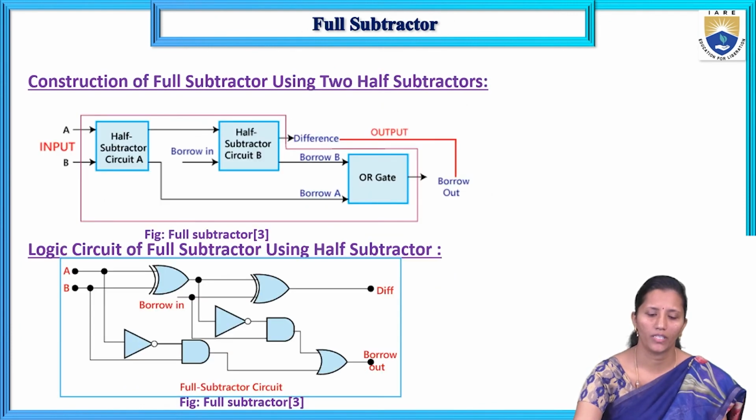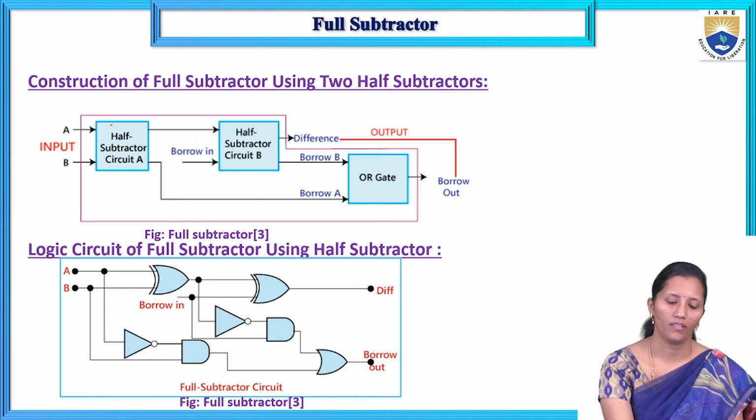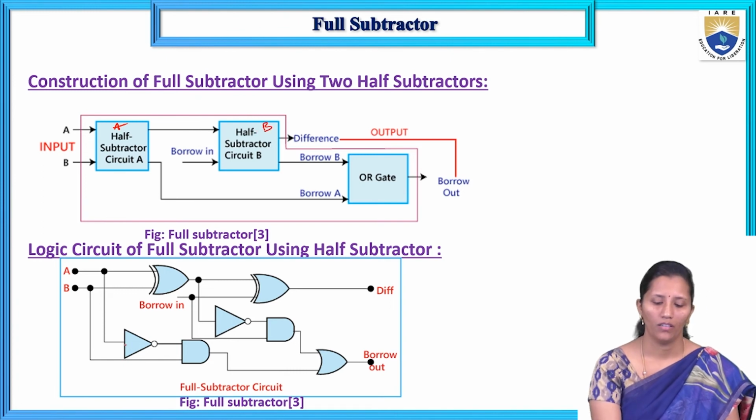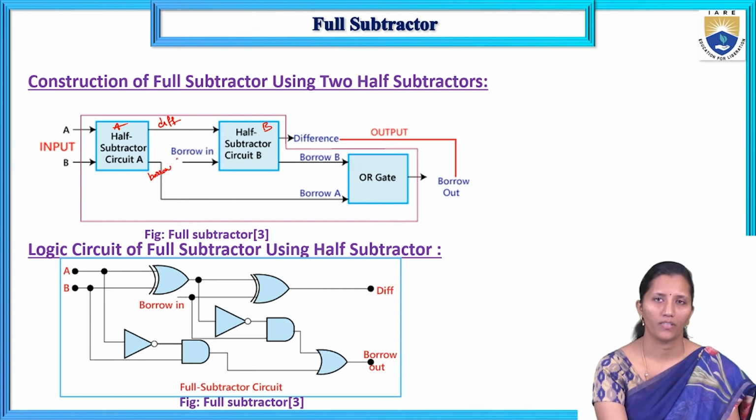Full subtractor using two half subtractors. Here we are going to use two half subtractors and one OR gate to design the full subtractor. So for the first subtractor, the inputs are A and B. The difference and borrow are the outputs of the first subtractor.